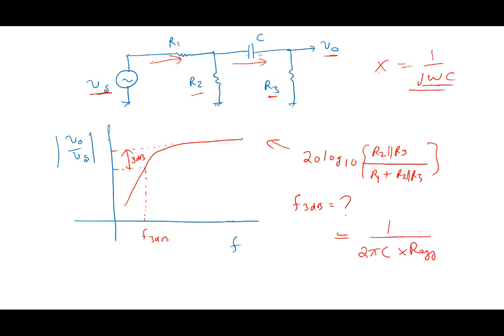That's what F3 dB is going to be. So the issue is to find what R effective is.